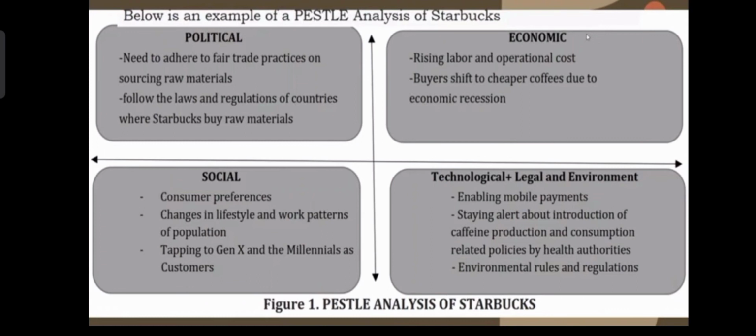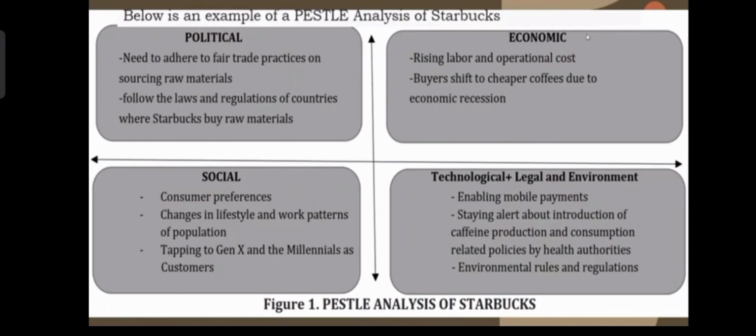Next is the economic analysis. Because of rising labor and transportation costs, buyers shift to cheaper coffees due to economic recession. Like today, we have a pandemic, there is an economic recession.